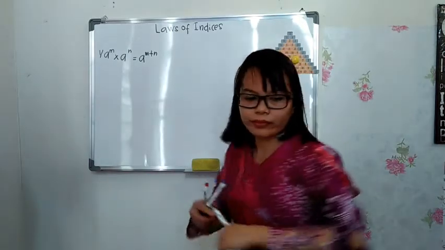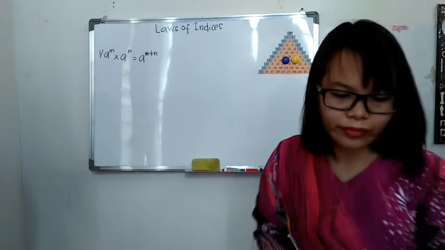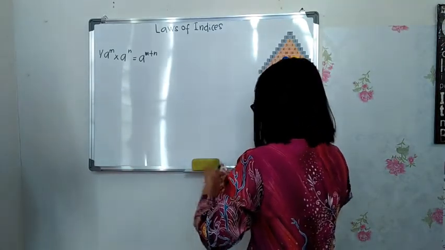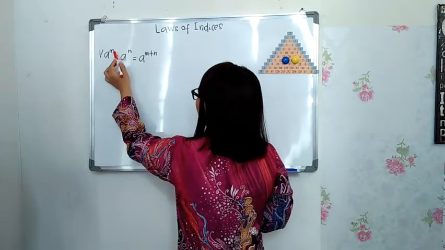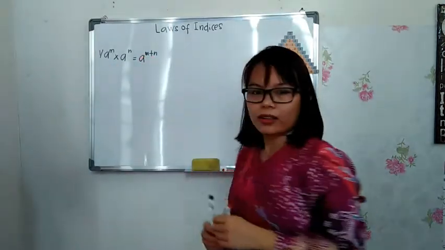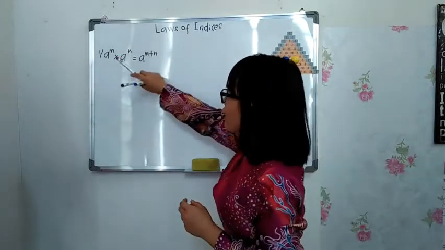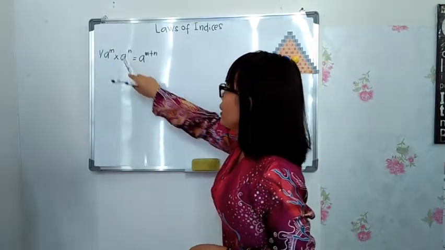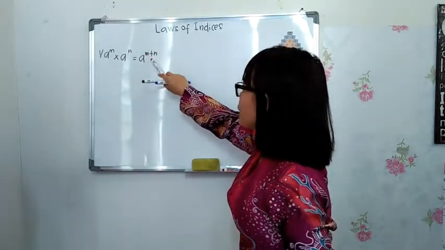So if the power is multiply, automatically it becomes plus. If we have multiply here and then we have power here, we become m plus n.